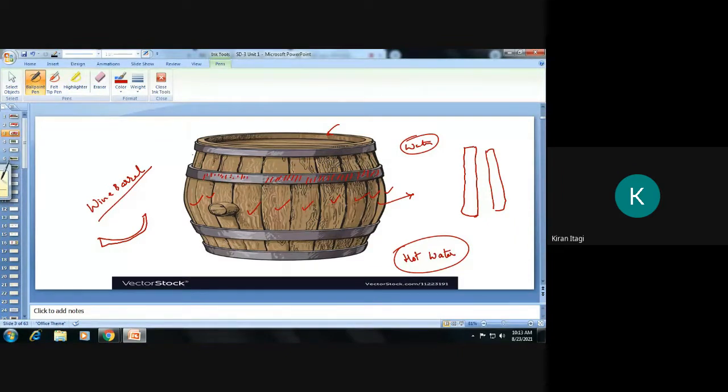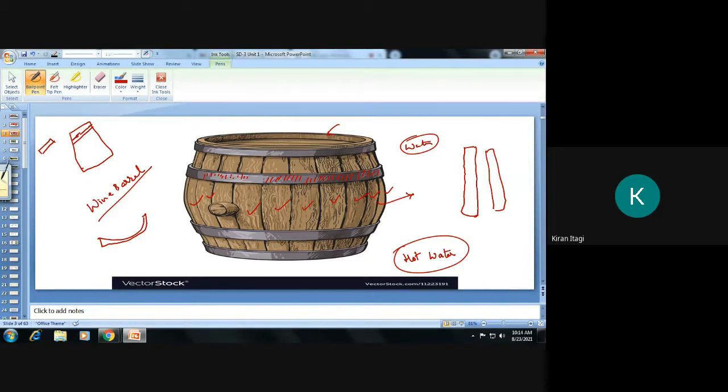Actually, the size will be like this. If I take it like this here, and this is my steel band, if you put it directly without heating, it will come up to this point.